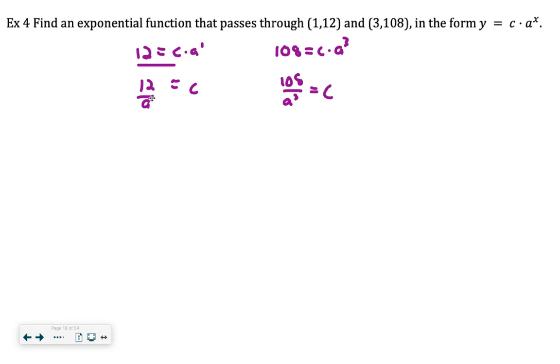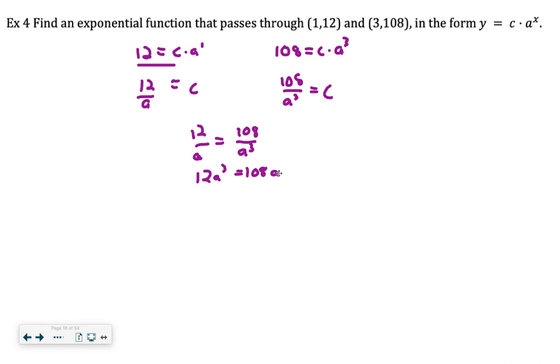So what I can do now is say 12 over a equals 108 over a cubed. And I can just cross multiply and solve now. So if I cross multiply, I'll have 12a cubed equals 108a.